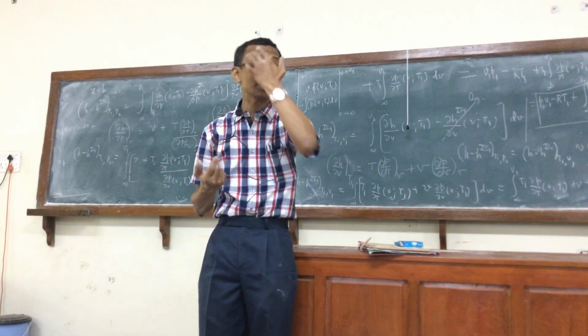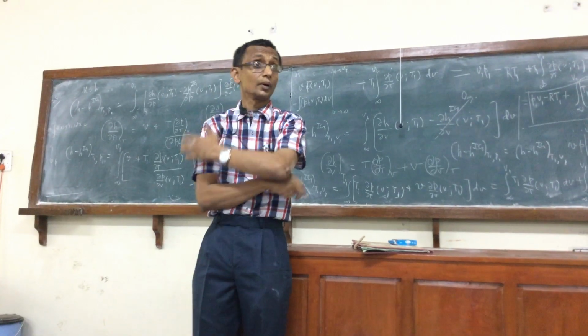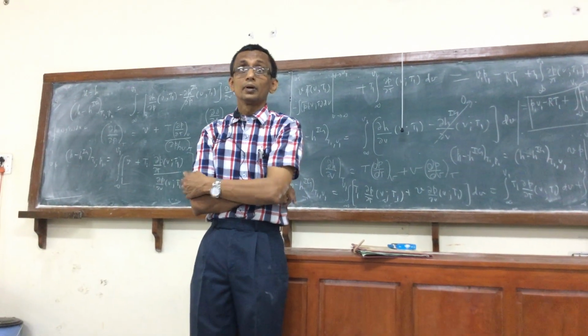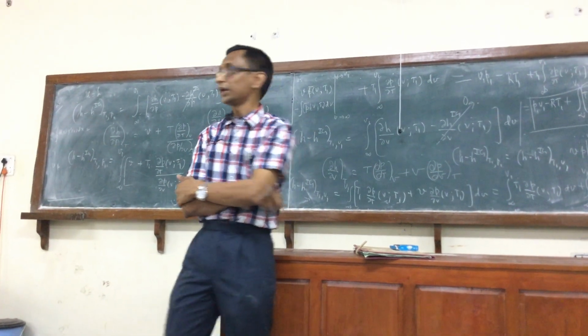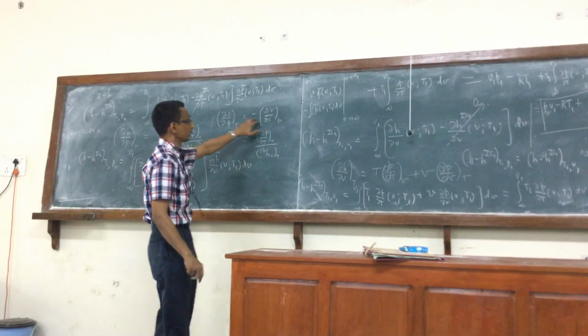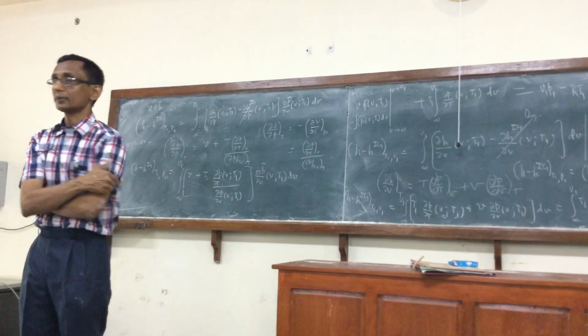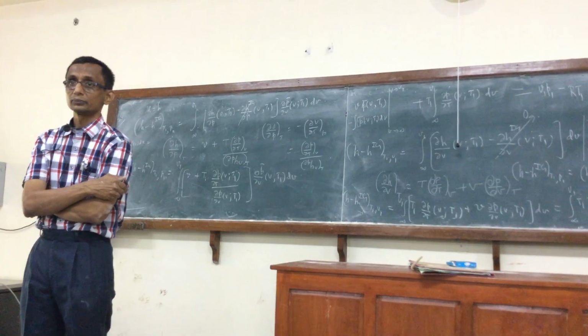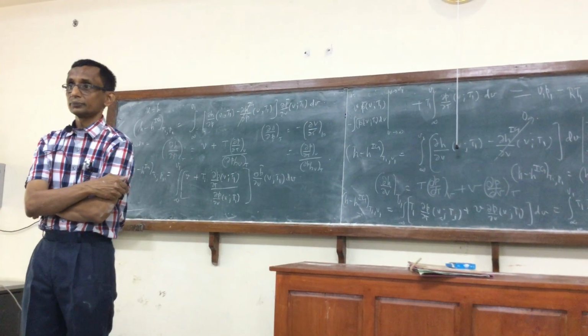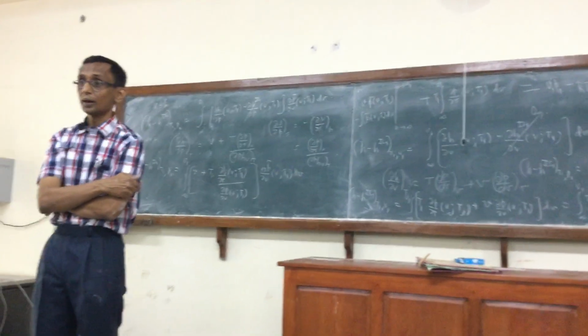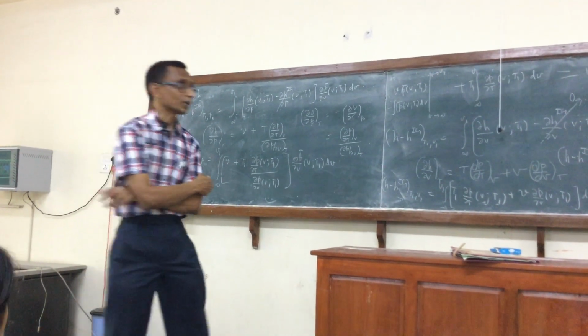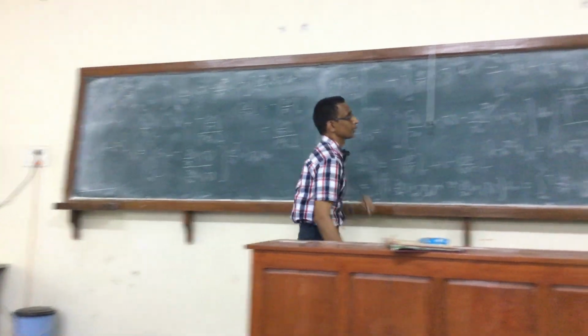What is dS_IG by dP? You have the formula, very easily calculated from this, minus dV by dT. What is that for the ideal gas? Minus R by P, right?